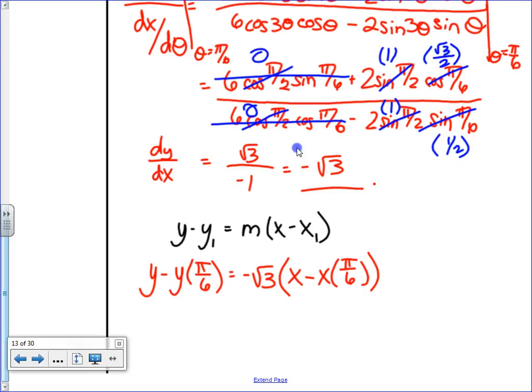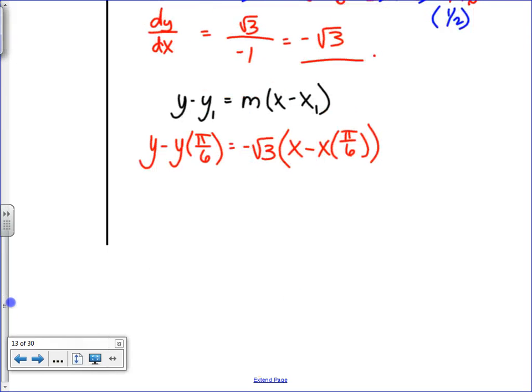And when you plug and chug, you can go ahead and say, for my x and y equations, just for sake of time, x equals... So I have to plug in, and I could say x of pi over 6 is equal to 2 times sine of pi over 2, 2 times 1, times cosine of pi over 6.